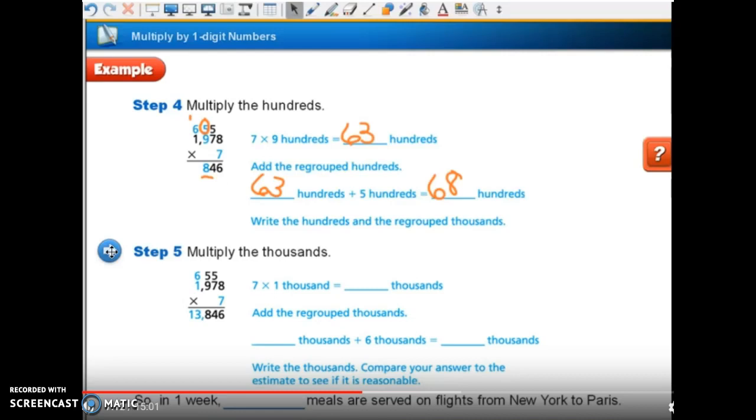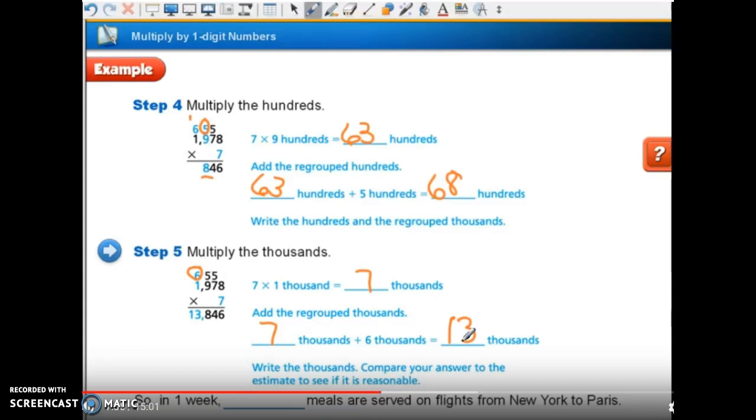Multiply the thousands. 7 times 1 is 7. Add the regrouped thousands. So 7 thousands, we've got to add our 6. 7 plus 6 is 13. Write the thousands, compare your answer to the estimate.